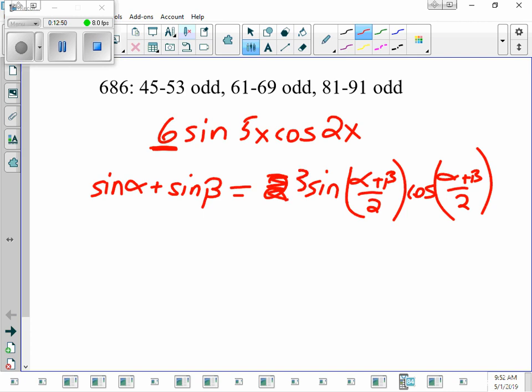Am I allowed to do that? Oh, sorry, that's not what I meant. Times that by 3 so I get a 6. Am I allowed to do that? Yes, as long as I do the same thing on the other side. Okay, so I fix that.